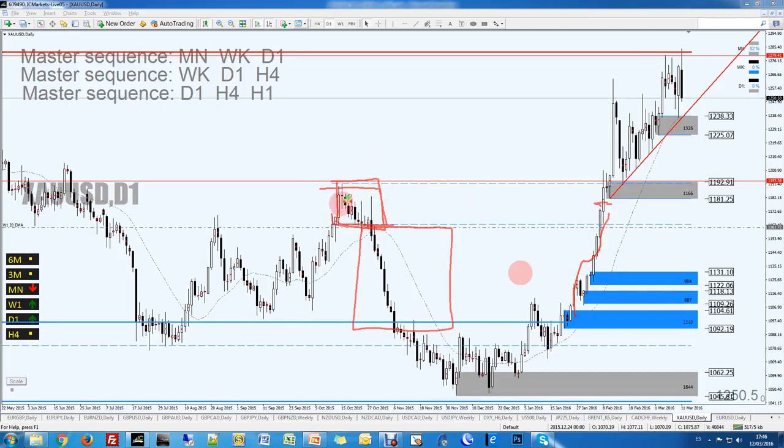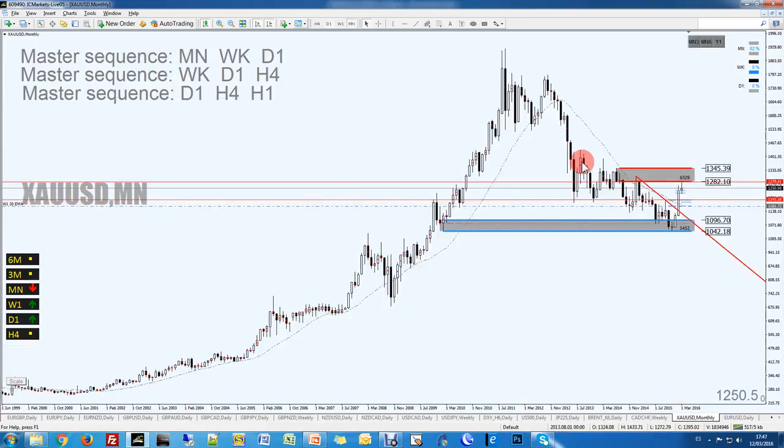We take some precautions here to take longs. We wait for that to be broken, and then we can take more longs, and we switch to lower time frame sequences like the weekly, daily, and 4 hour, because if you were trading exclusively on the top time frame sequence, weekly, monthly, daily, you would not be allowed to take any short until you get up there, and you wouldn't be allowed to take a set and forget.